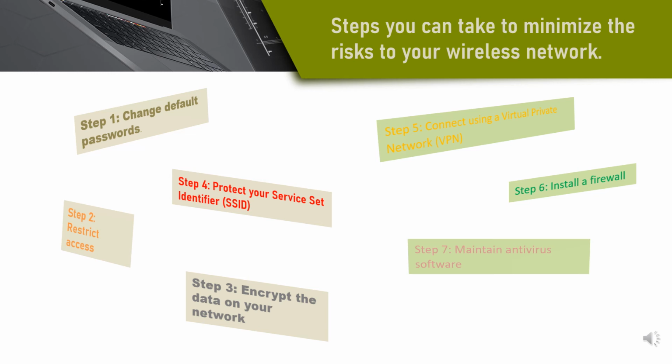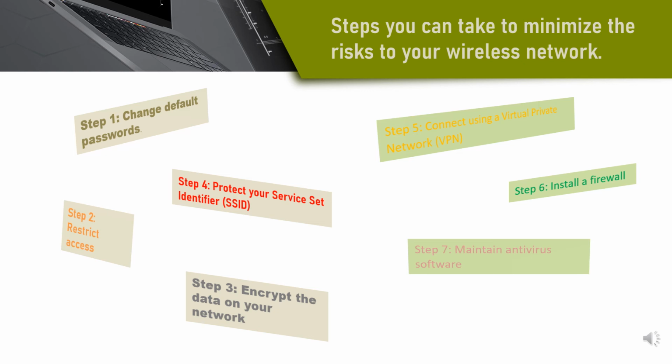WPA3 is currently the strongest encryption. WPA and WPA2 are still available. However, it is advisable to use equipment that specifically supports WPA3, as using the other protocols could leave your network open to exploitation.